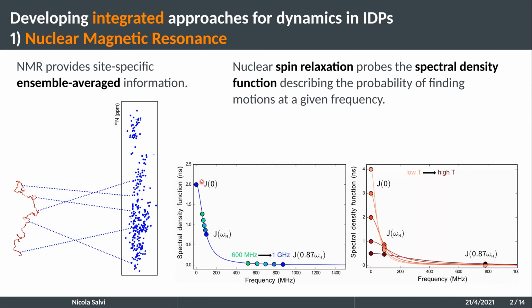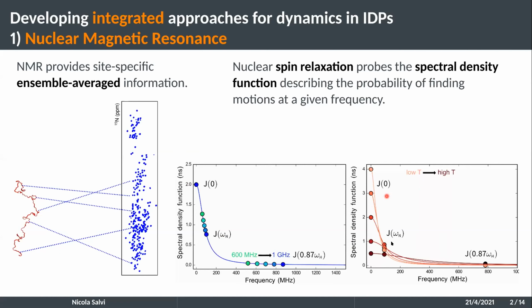And we measure spin relaxation as a function of two properties. First, as normally done, we measure at different magnetic fields. So the idea is that by measuring at increasing fields, we can scan the spectral density function as much as possible. But we also change another variable, which is temperature, because by changing the temperature, we actually change the shape of the spectral density function.